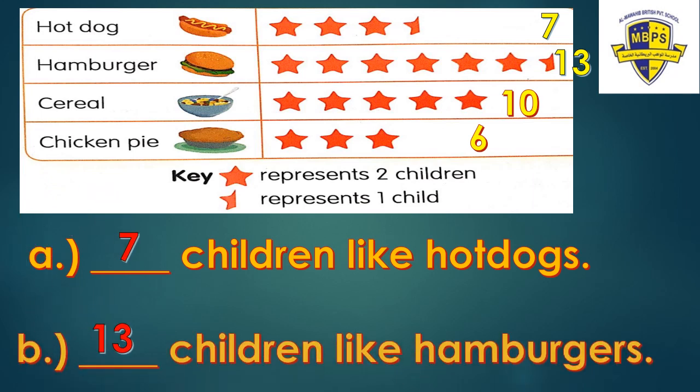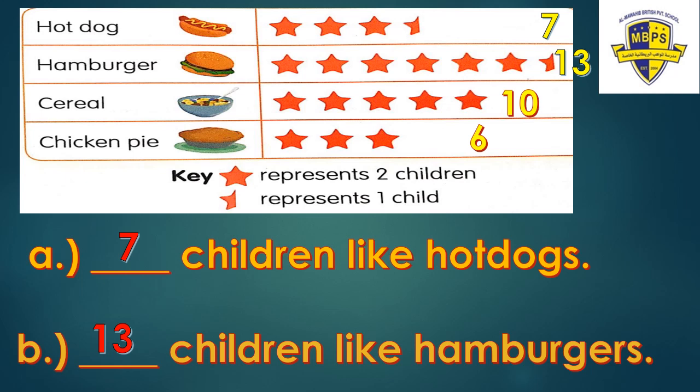Alright students, come on, we are going to solve this question together now, okay? Let's start counting first. Let's go to hot dog. We saw that 1 whole star is equal to 2 children and half star is equal to 1 child. So we are going to count how many children like to eat hot dog. We have how many whole stars? 1, 2, 3 whole stars.